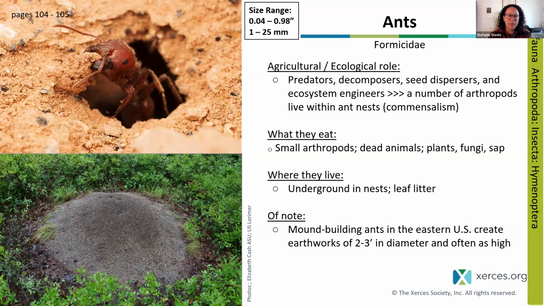So they do a little bit of everything. Of note, as highlighted in this bottom photo, is a mound that ants have built. They can create earthworks like this of 2 to 3 feet in diameter, and then they're often as high as well. So it's pretty amazing.